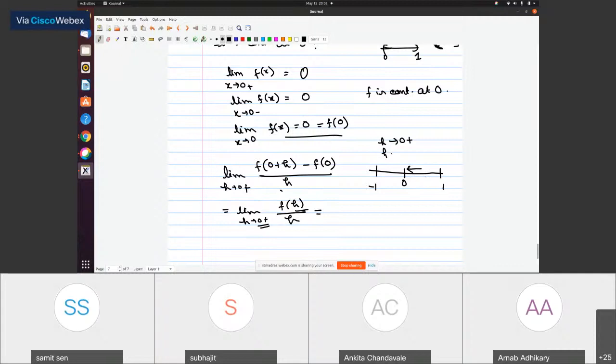Yes, sir. And h tending to 0 minus means we are approaching 0 from the left hand side. Is it clear? Yes, sir. So in this neighborhood, on the positive side of 0, the value of the function is 0, right?